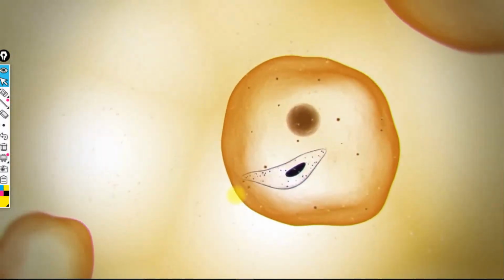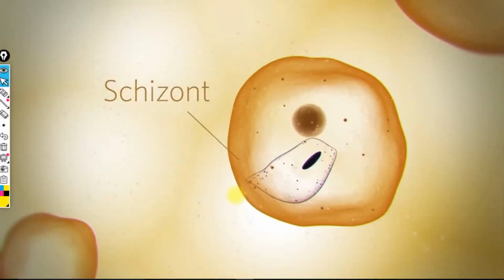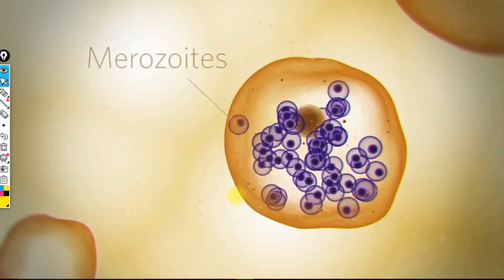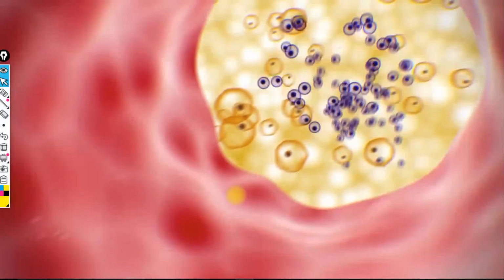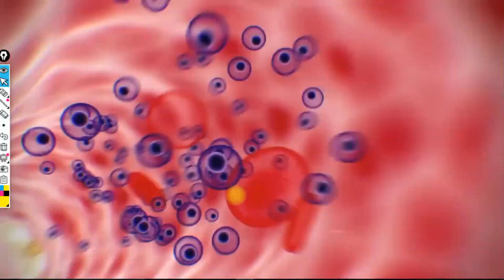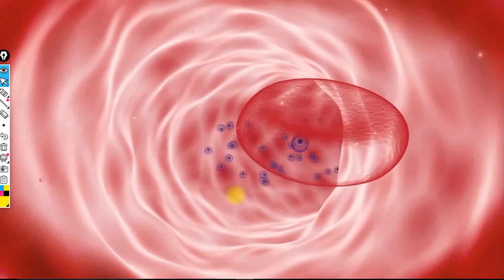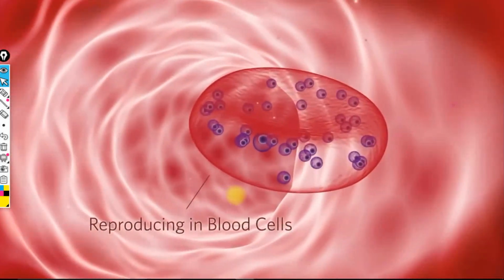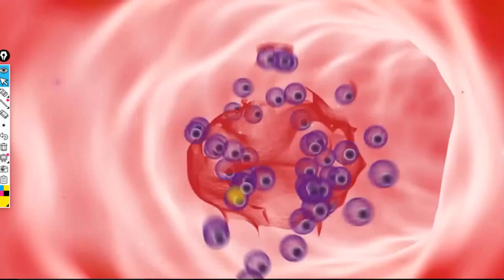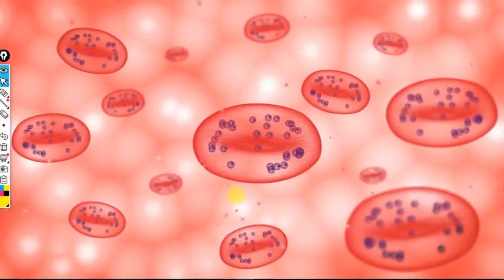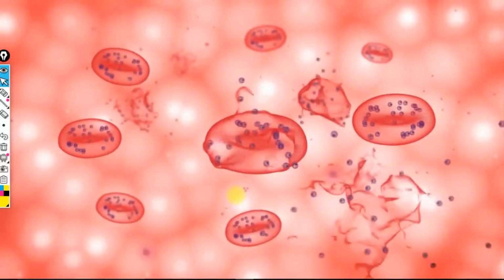The parasite develops into mature schizonts, creating tens of thousands of merozoites, which burst out of the cell and journey back toward the bloodstream. They then infect healthy red blood cells, reproducing and eventually rupturing the cell, liberating more merozoites, which in turn go on to infect other cells, leading to the massive destruction of red blood cells.